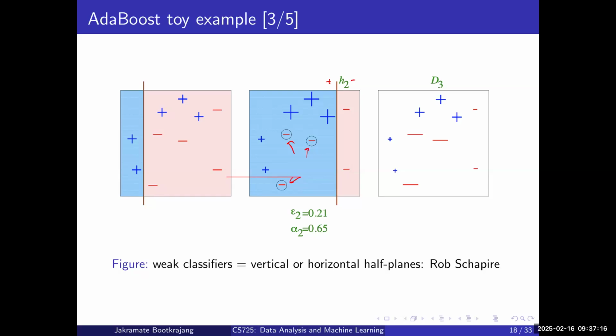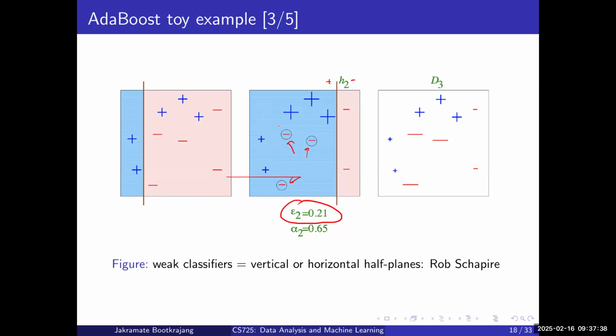But because these are examples that the first classifier already got correctly, the error rate is not 0.3. The error rate would be 0.21 because they have less weight now. So this one will have a higher weight, this one will have a smaller weight.